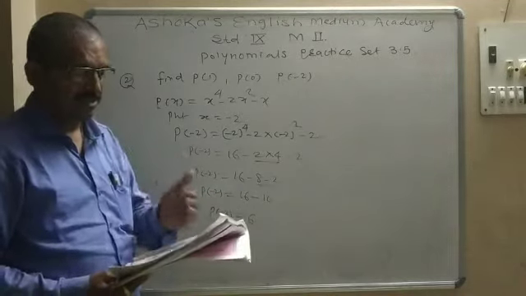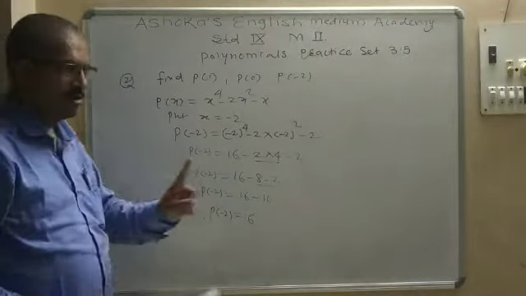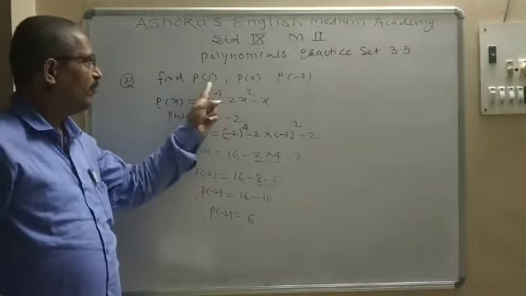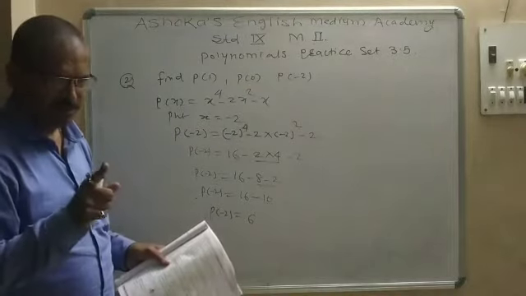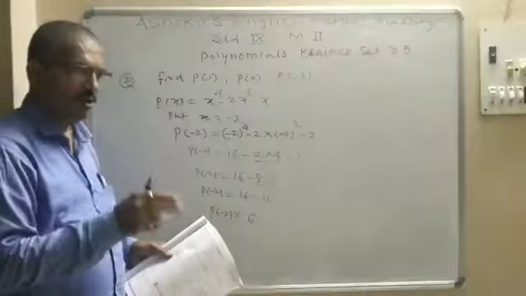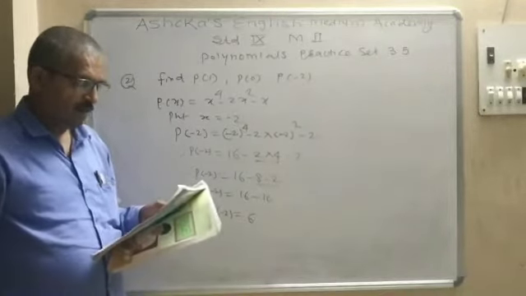Like that, 3 3s are 9, there are 9 solutions possible. Here I have solved putting p(1), p(0) and p(-2) in the respective questions. You may solve by keeping the same values 3 times. Now question number 3.